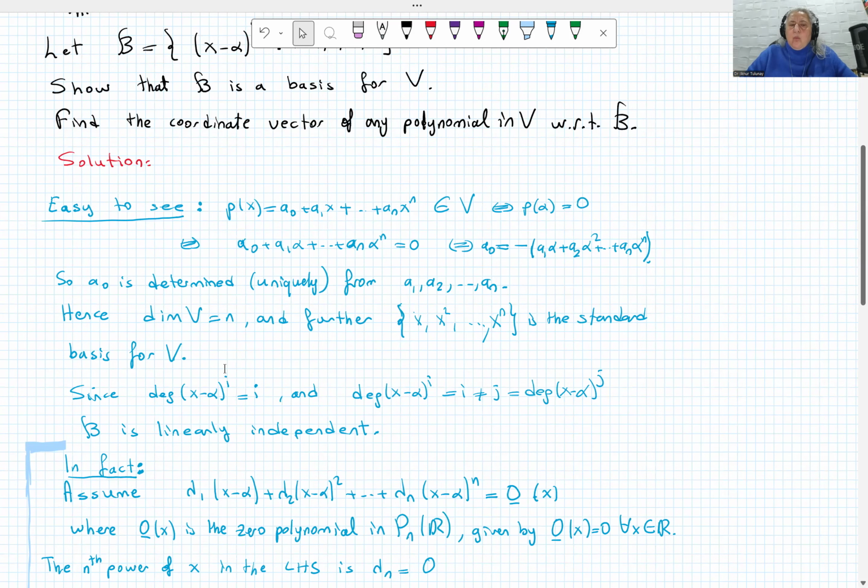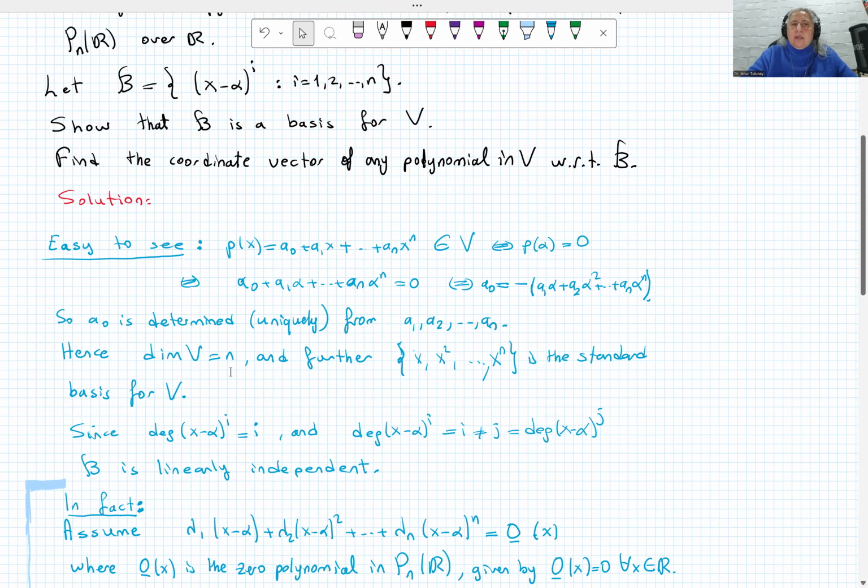Now, B that was given to us here is a set of this kind of powers of the linear factors, x minus alpha, (x minus alpha) squared, (x minus alpha) cubed, and so on. And each of those has a different degree, right? This one has degree i. This is an i degree polynomial. This is a j degree polynomial.